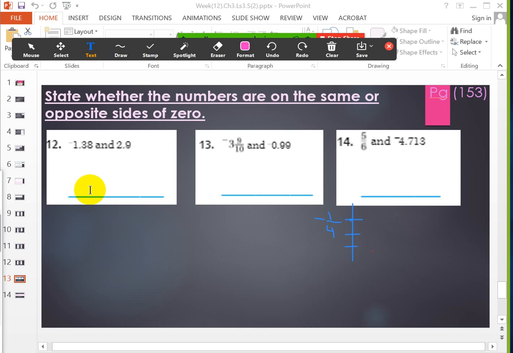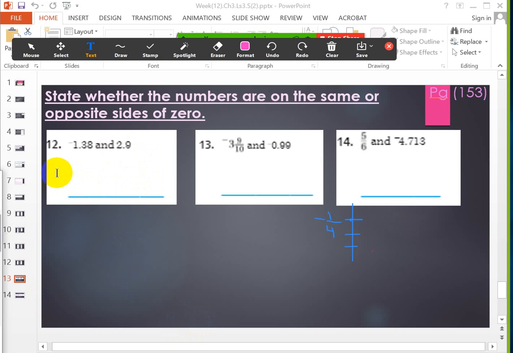How will I know that? Who will tell me? Let's start with Lamar. Number 12, negative 1.38 and 2.9. Lamar, are those numbers on opposite sides or on the same side?